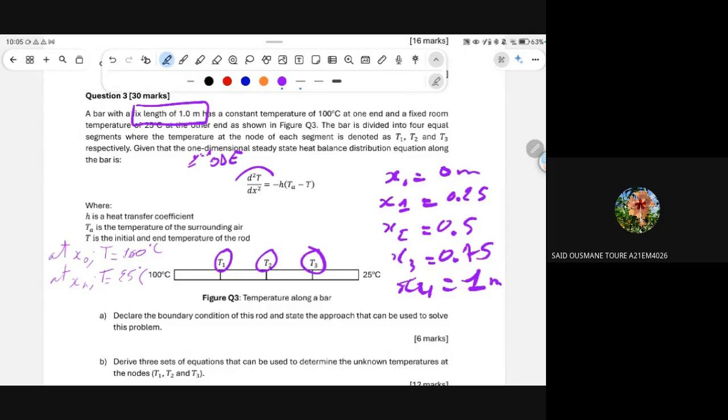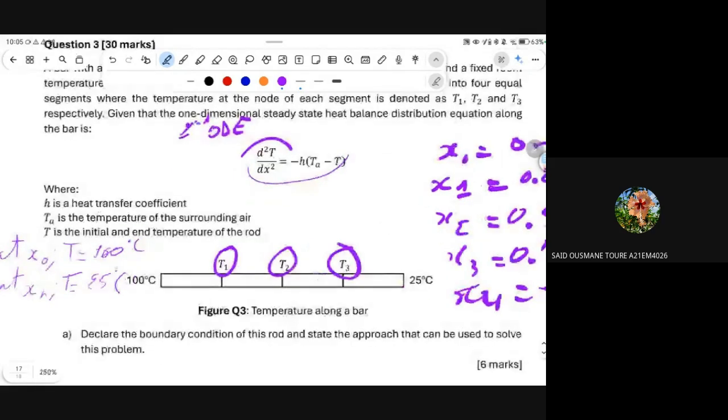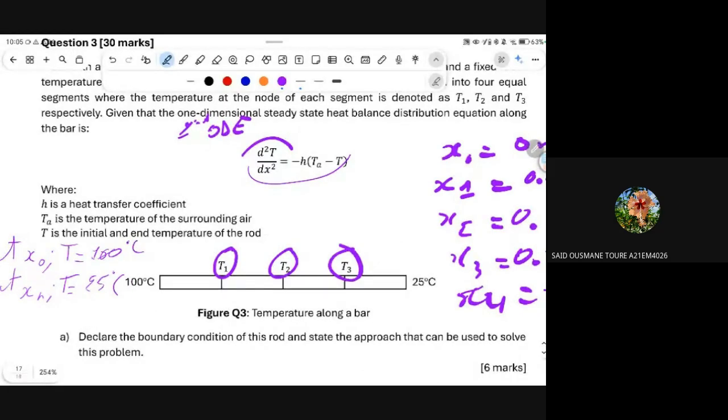Okay? They give this equation. This equation is related, yes, but they just said something that is different. So be very aware of that. They just said that TA is the temperature of the surrounding air. So it's actually 25 since it's already there. And T is the initial and end temperature of the rod.